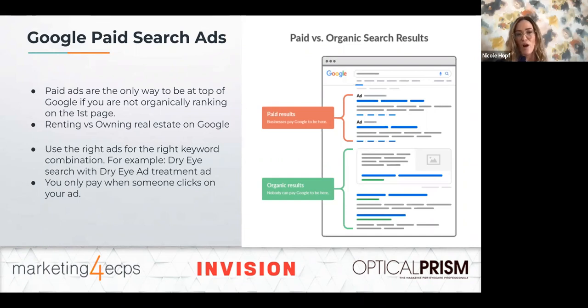Even with strong organic, and as part of our strategy, I think SEO is incredibly important for getting that strong credibility at the top. We will find practices that still supplement, because we have different users that search paid versus organic. What we're trying to do is build a campaign using the right ads with the right keyword combinations.